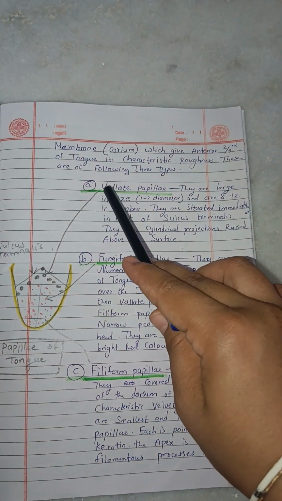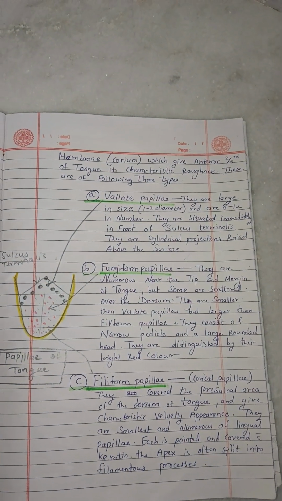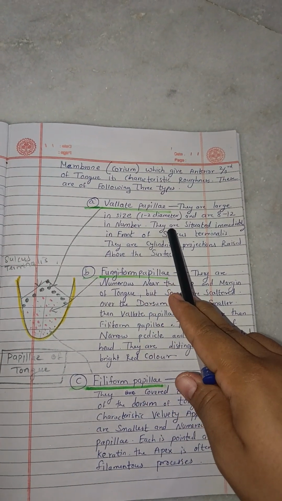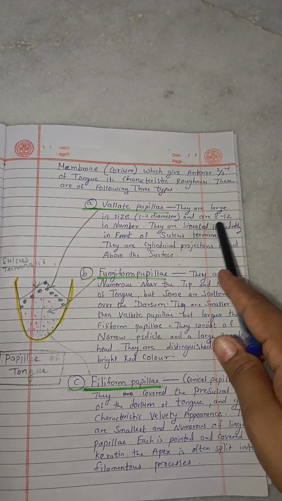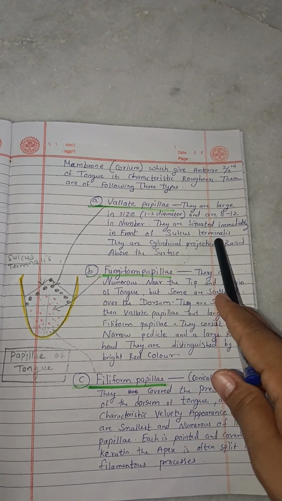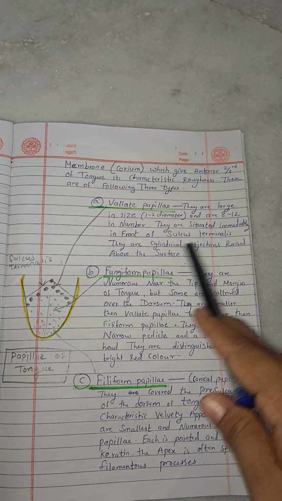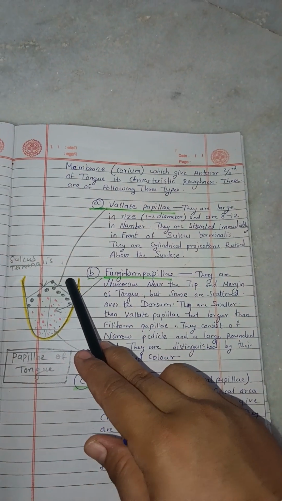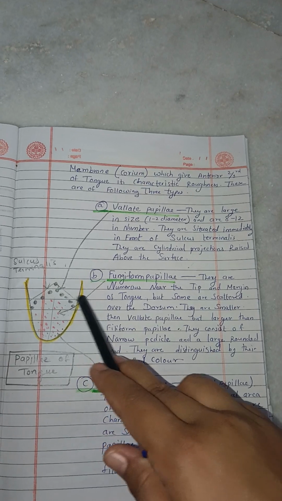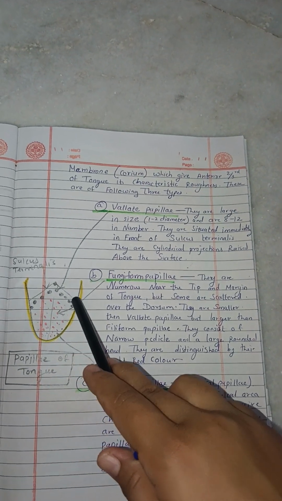First, we will see the vallate papillae. They are large in size, 1 to 2 mm in diameter, and 8 to 12 in number. They are situated immediately in front of the sulcus terminalis. They are cylindrical projections raised above the surface. So these are vallate papillae. See, this is the sulcus terminalis, and these are the vallate papillae.